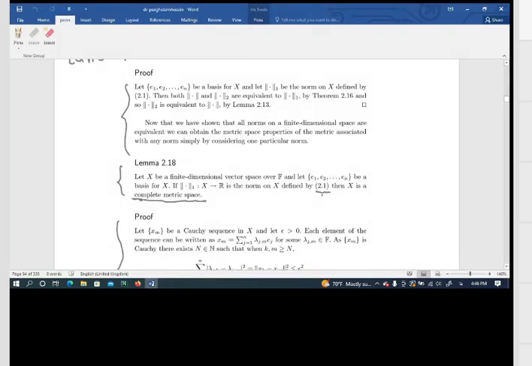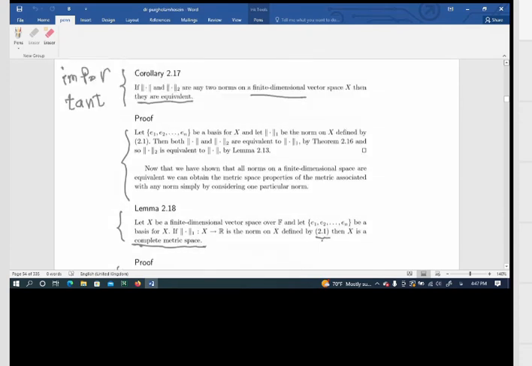Another lemma. Let X be a finite dimensional vector space over field F, and e1, e2, ..., en be a basis for X. If norm 1 from X to R is the norm on X defined by this, then X is a complete vector space. Norm 1 means this norm.